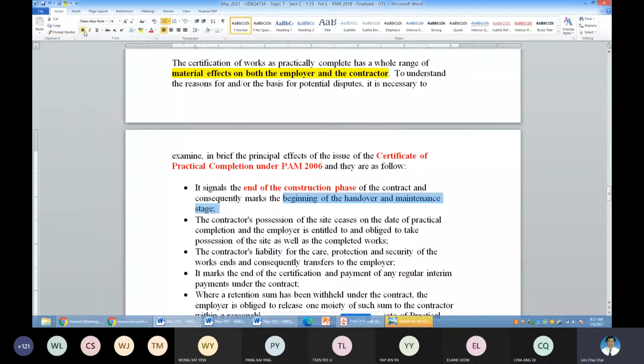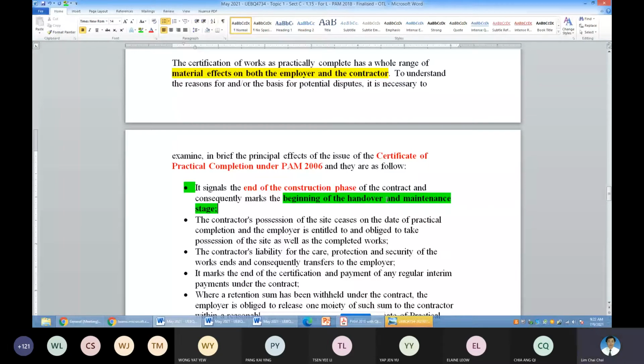So it is the end of the construction phase, but the commencement of the handover and maintenance stage. In this stage, there are a lot of documents to be carried out by the contractor, subcontractors and suppliers, especially on manuals, drawings, and so on. This is the administrative part.